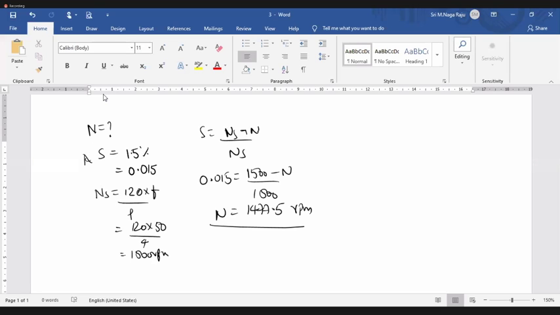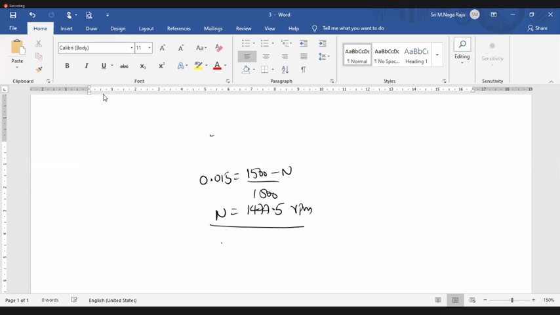Next one, the frequency of rotor current. We know current passes through the rotor winding because of the mutual induction between the stator flux and the rotor winding, giving the rotor current or rotor EMF.